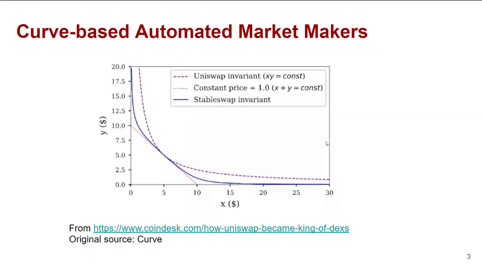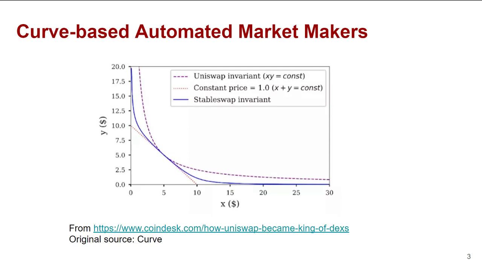When we look at how these decentralized cryptocurrency exchanges work, at the core of it is a function, let's say a function between two different tokens, y and x. And these functions can be of different types. For example, there may be a constant price exchange, which corresponds to the sum of x and y being kept constant.